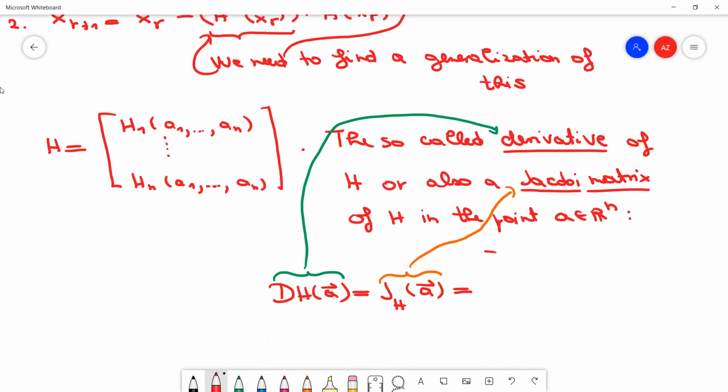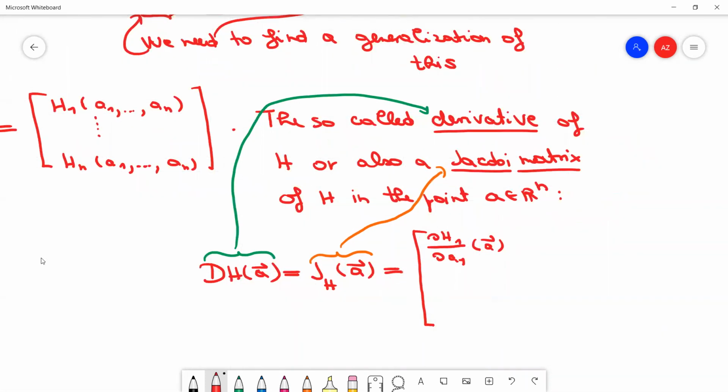So this is a matrix where in the first row we take derivatives of the first function h1 with respect to the first variable, a1, and calculate in the point A. And then in the second column, we take the derivative with respect to a2 in the point A, and so on.